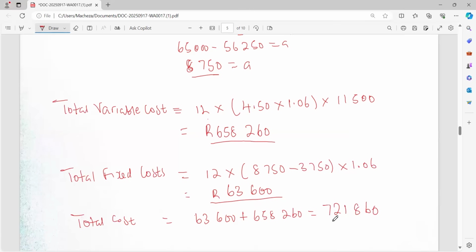Right. So this is going to be our total cost for the municipality water. So we now have our total cost for the municipality water.